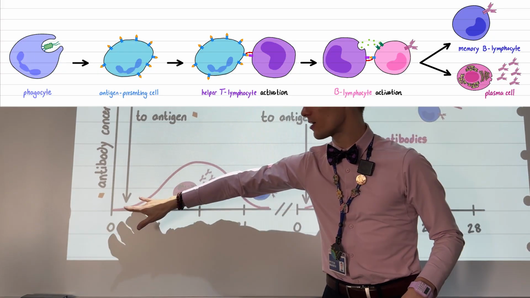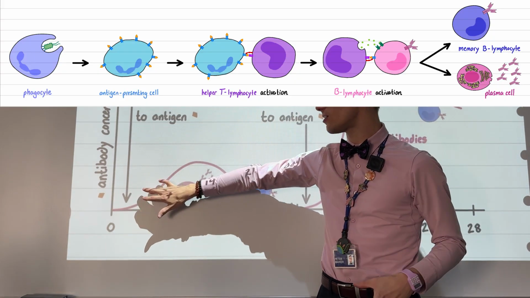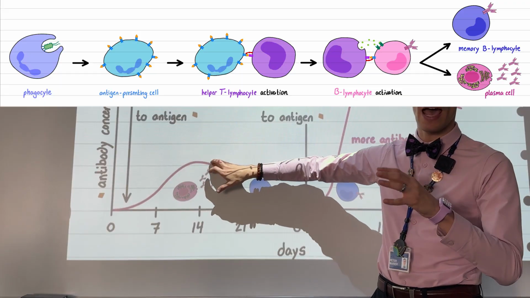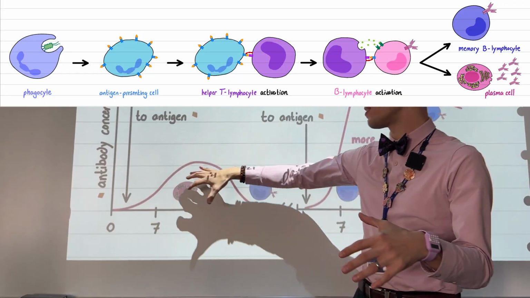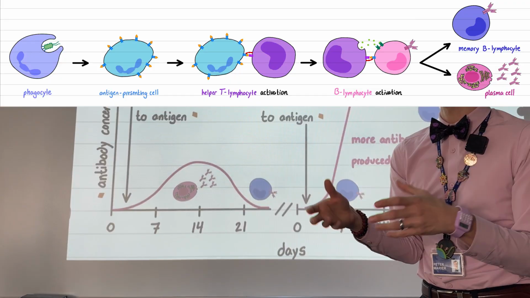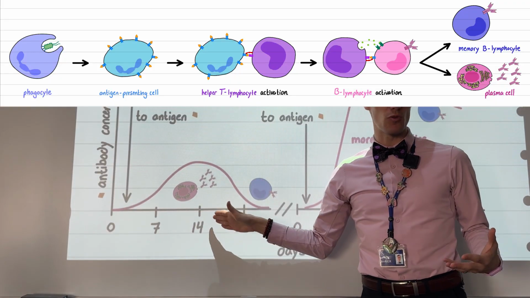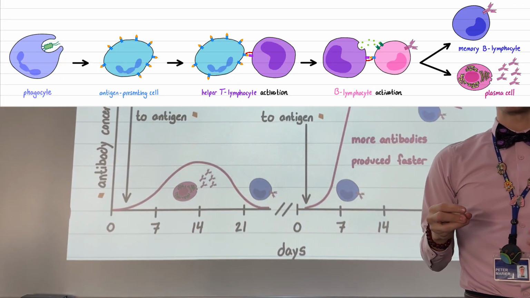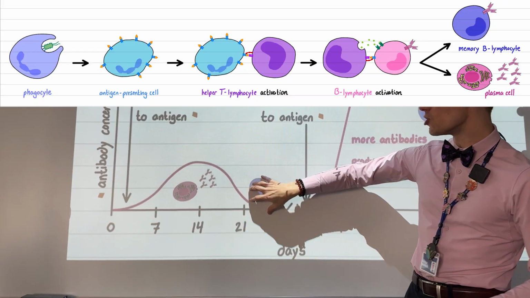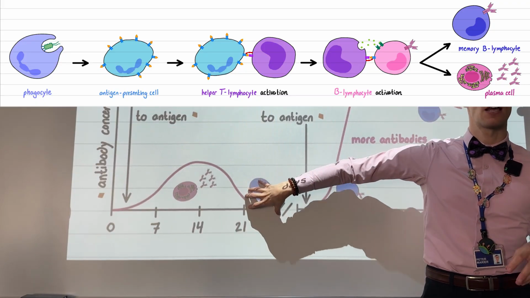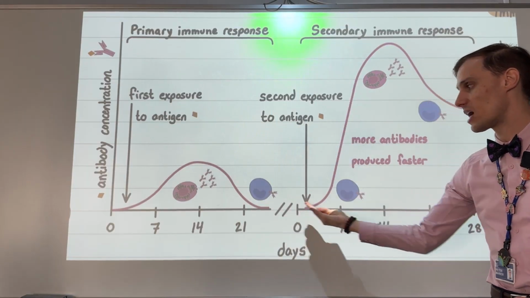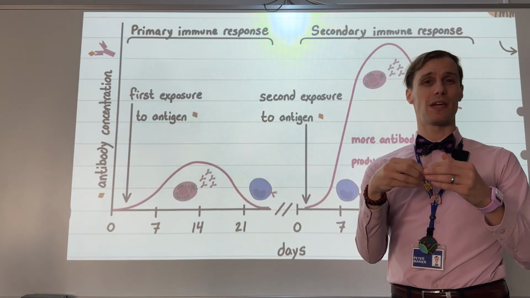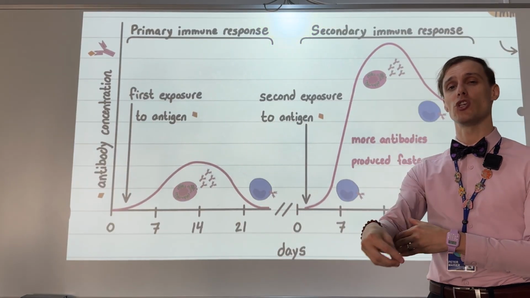So you would get phagocytes, antigen presenting cells, helper T activation, B activation, plasma cell generation, antibody production, and then hopefully the infection won't last too long, maybe a few weeks, in which case your body is able to overcome it and you would retain some memory B cells of this infection. Now, let's say at any amount of time in the future, you were to encounter the same antigen again.